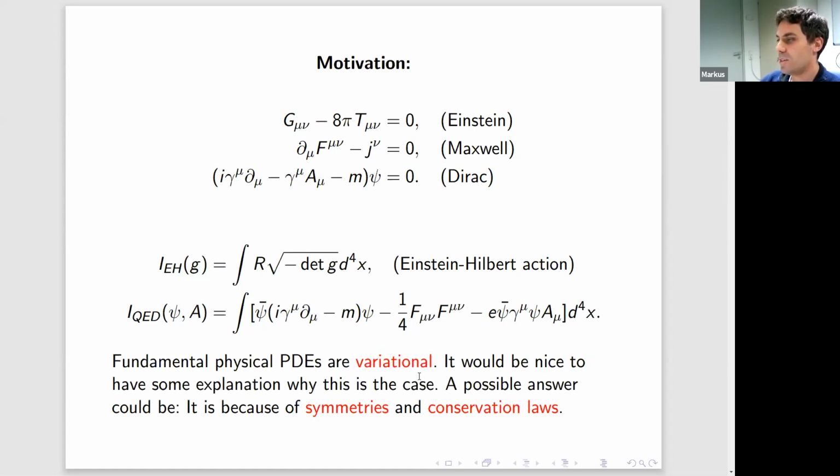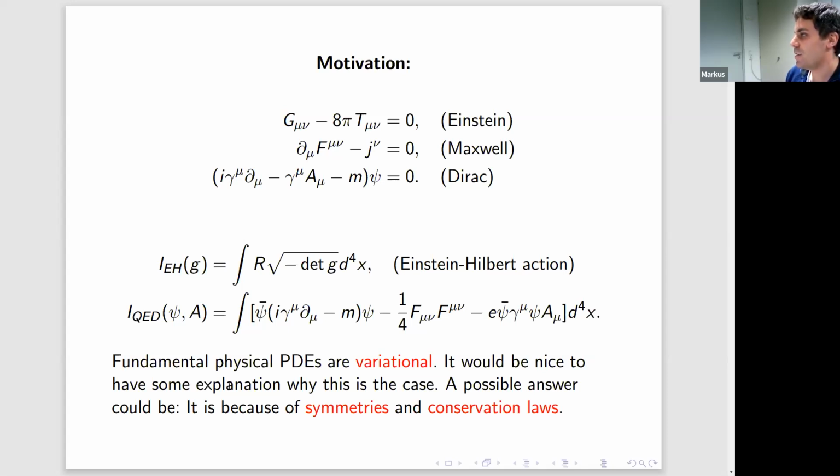A possible answer to this question could be that this is because of symmetries and conservation laws, which are also very important in physics. From a physicist's point of view, it's maybe very hard to explain to someone why the physical equation should be variational.